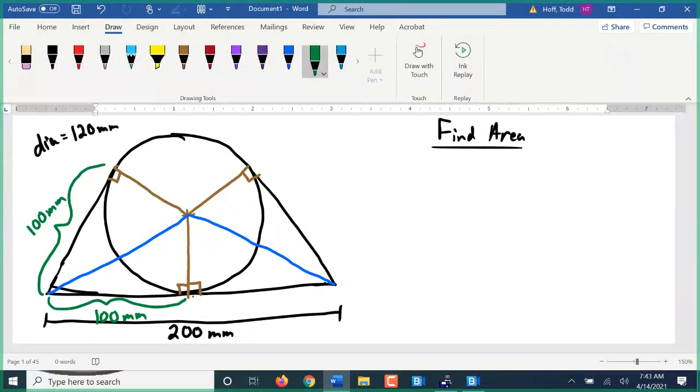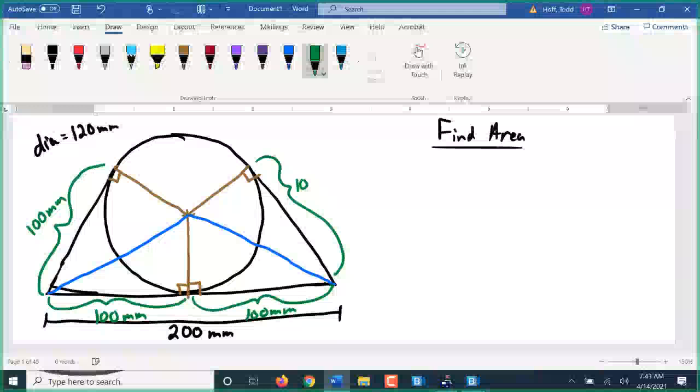So that means all of these triangles are 100 millimeters over here. And of course, this would be 60 millimeters. Radius, all of them.